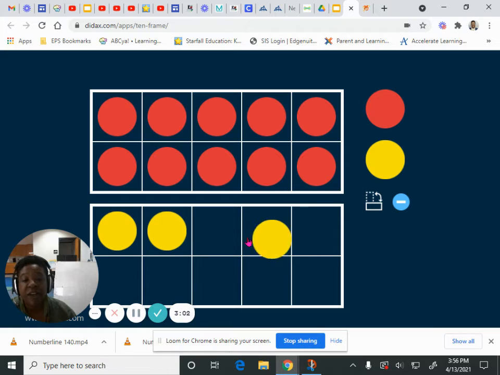So what happens if I add two more counters to my 10 frame? What number do I have now? 10, 11, 12, 13, 14. I have the number 14.